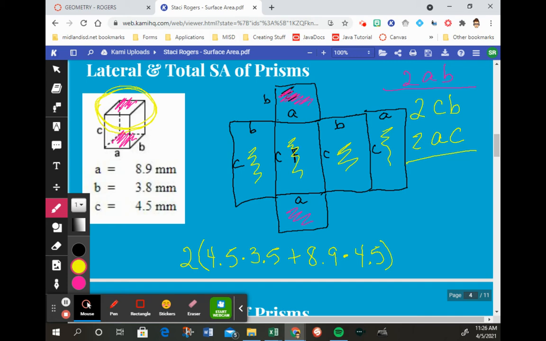That gives us our lateral surface area on my calculator. Faster to do with a calculator. Some of y'all are faster than I am. 2 times 4.5 times 3.8 plus 8.9 times 4.5, enter. I get 111.6 square millimeters.